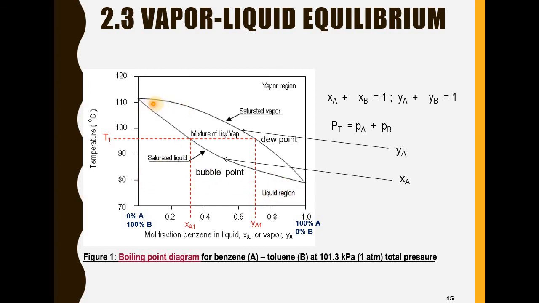Data that falls in between the curves is a mixture of liquid and vapor. We also call the top curve the dew point, and the bottom curve the bubble point or saturated liquid. Later I will show you in the class how we can construct this graph.